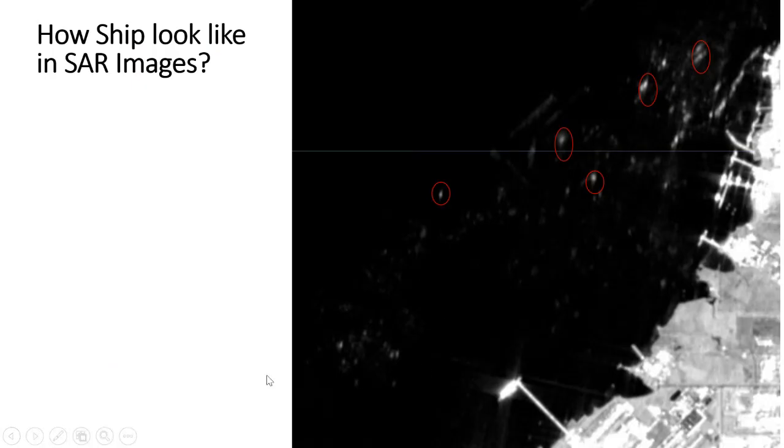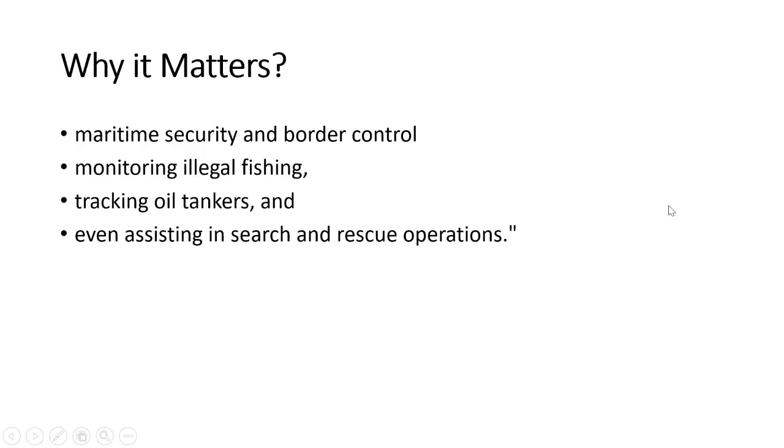This is one of the SAR images that I have. A ship will look like this, a bright spot. This dark area is the ocean, and this is how a ship looks in SAR images.